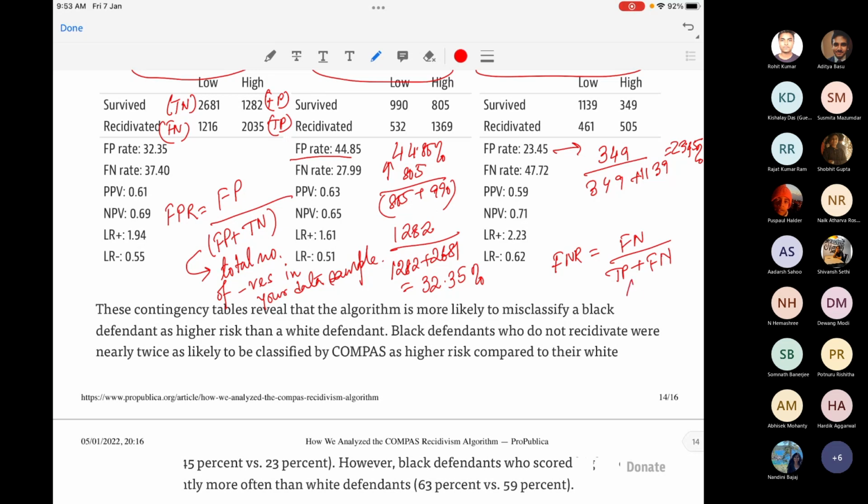This is the total number of positive samples in the data set. Now, if you calculate the false negative rates, what do you see?